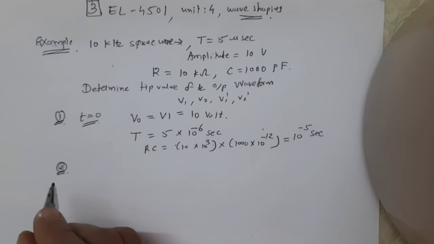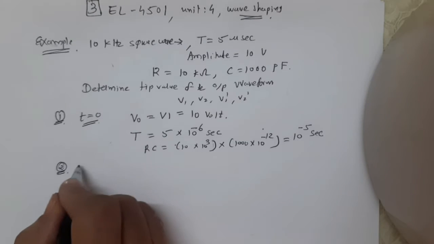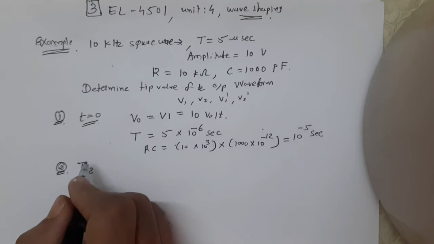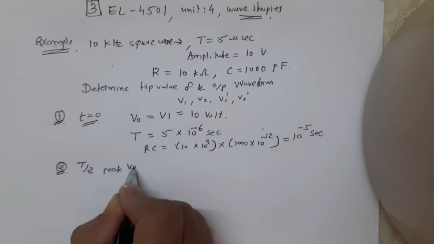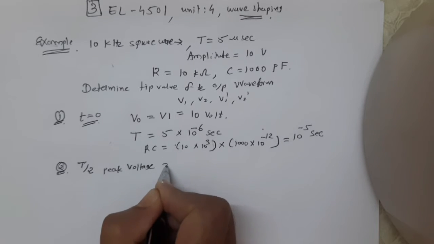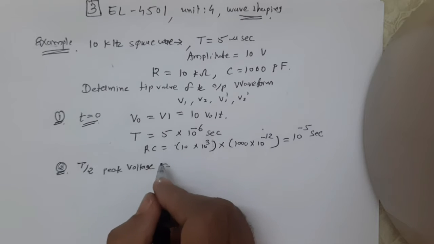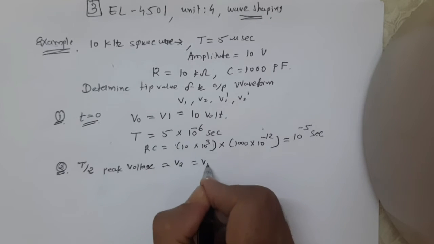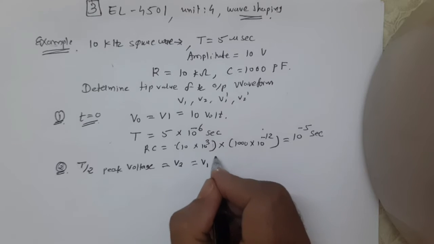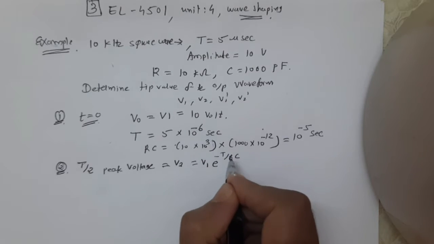The second value we find after the half period, that means T upon 2. After the half period, the peak voltage is V2, and it is equal to V1 e raised to minus T upon RC.